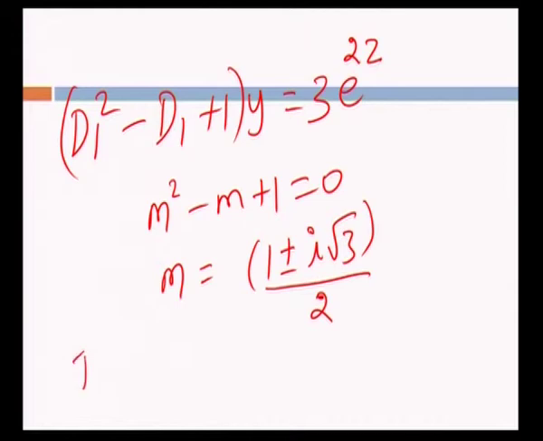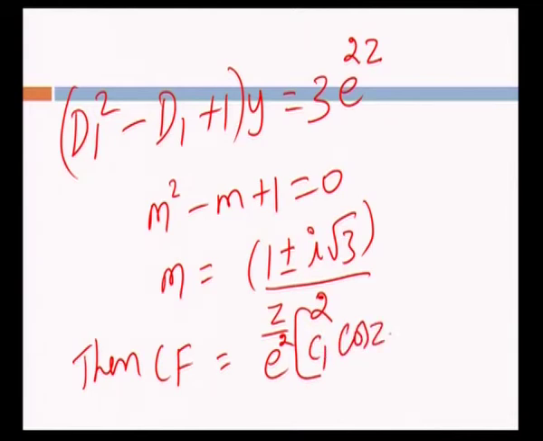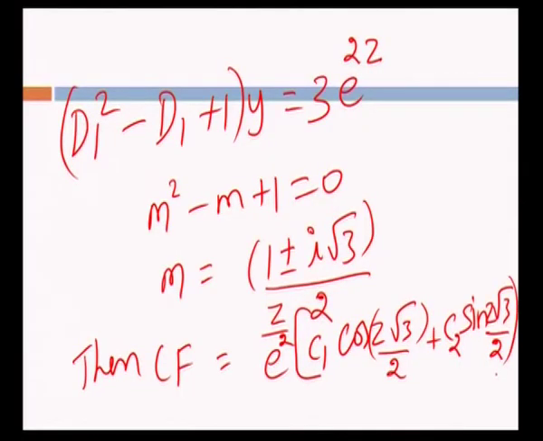Then the complementary function of the equation will be e power z by 2 into c1 cos z root 3 by 2 plus c2 into sin z root 3 by 2. So this is the obtained complementary function.